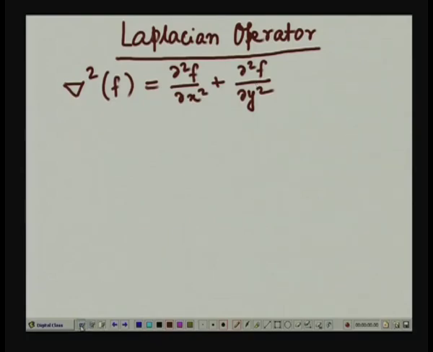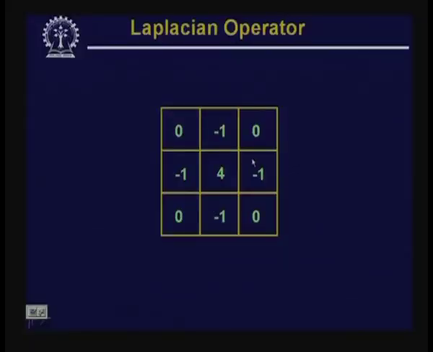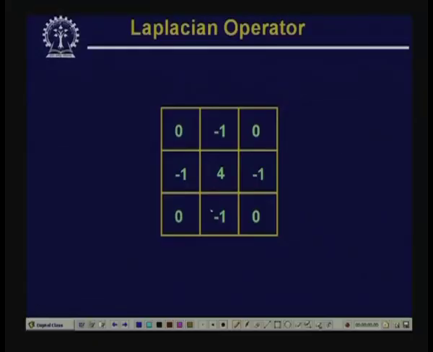And we have also seen earlier that a mask which implements the second derivative operator is given by this, where we are considering only the horizontal direction and the vertical direction for computation of the second derivative. And we have also discussed earlier that if, in addition to the horizontal and vertical directions, we also consider the diagonal directions, in that case the center element will be equal to 8 and all the diagonal elements will also be equal to -1.